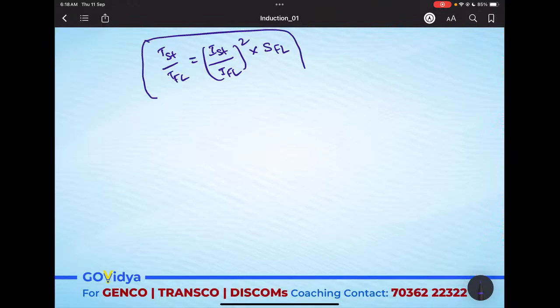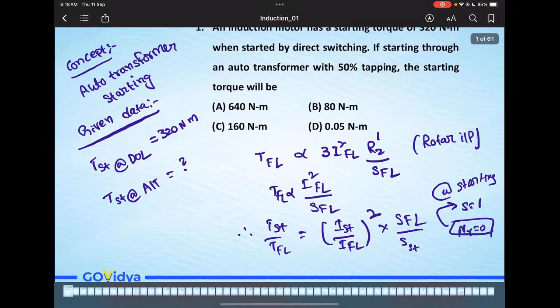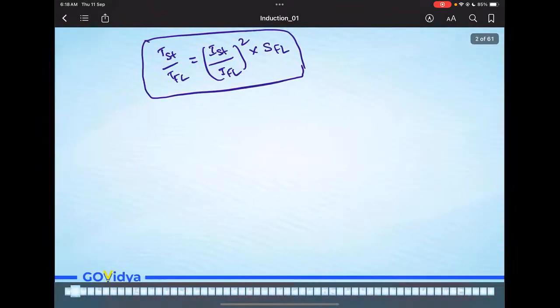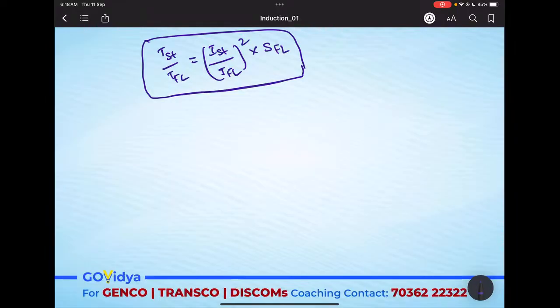The full load torque is directly proportional to the rotor input. If we remember just this formula, we can derive our starting torque equation from it, and then we can solve any question related to the starting of induction motor.